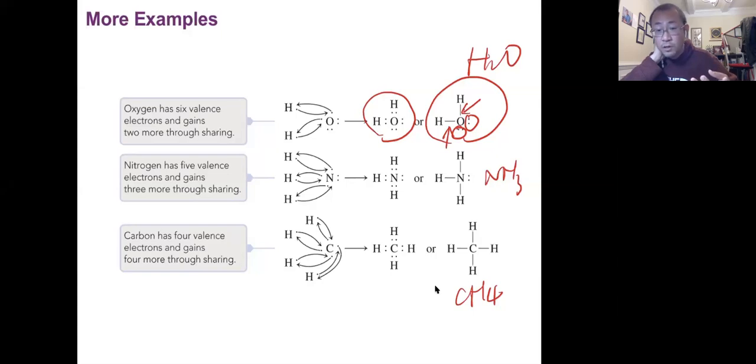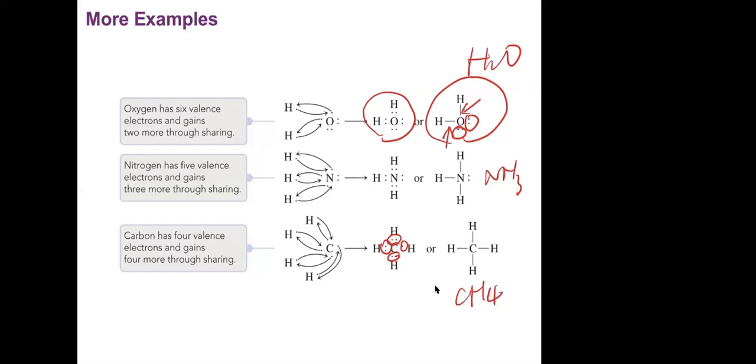Carbon only has 4. So that means these 4 pairs around carbon are all shared ones. Remember, we said shared ones we replace with a dash. That's why carbon has 4 dashes. And it also means carbon has no lone pairs, because 8 electrons are all shared between carbon and hydrogen. Does it make sense? That's why you only see dashes, no dots.